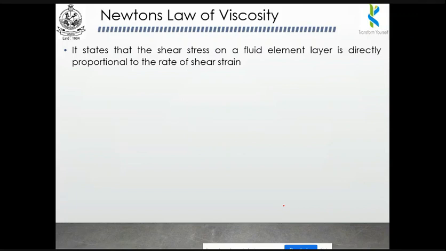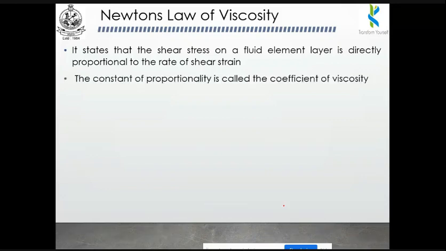The shear stress of a fluid element layer is directly proportional to the rate of shear strain. If you want to remove the proportionality in that law, you have to use a constant, right?